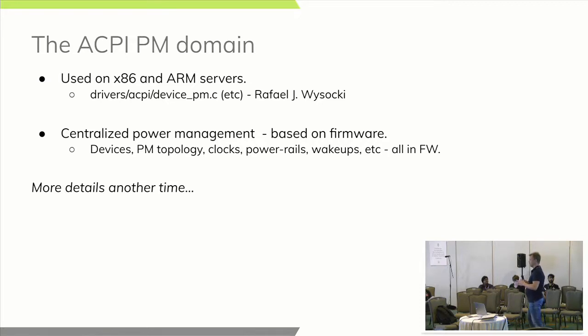So on the subsystem and on the driver level, if they want to implement runtime PM, all they do is call get and put, more or less, to notify the PM domain that I need my device to be powered on now because I have some work to do. But in the lower layers of the subsystem and the driver, there's nothing else but calling get and put. There's no clock management happening in those layers of callbacks. Everything is taken care of in the centralized ACPI PM domain. So I'm not going to talk more about that. That needs more time for another subject.